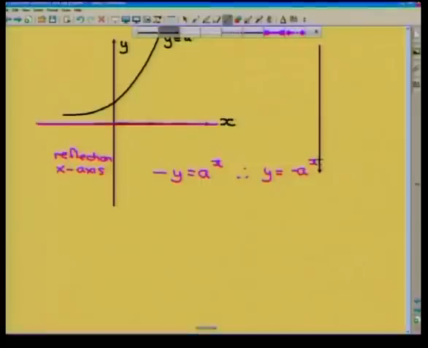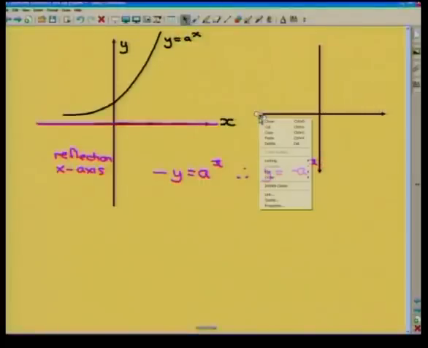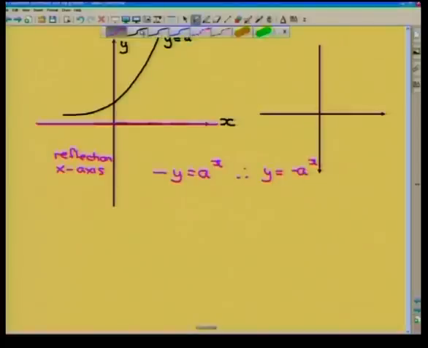So let's pop a log graph alongside this. Let's put in another axis over here just so you can see. There it is. Let's put the log graph looking like that.